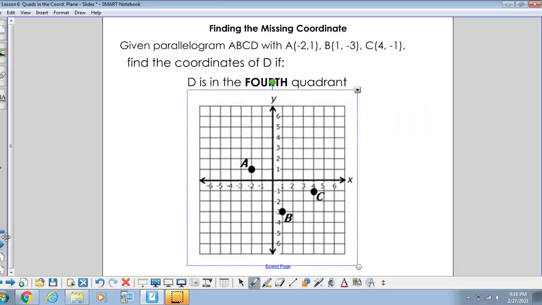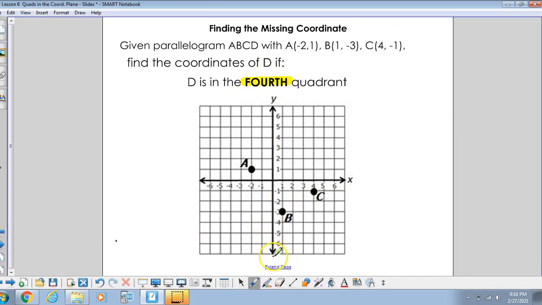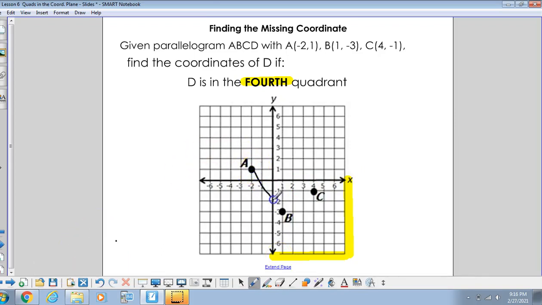But there's actually one more way that we could draw this parallelogram. If D is in the fourth quadrant, which would be somewhere down here, this one's a little bit trickier to figure out, I think. What I would do here is connect my A and my B and find that slope. Down 1, 2, 3, 4, and right 1, 2, 3.